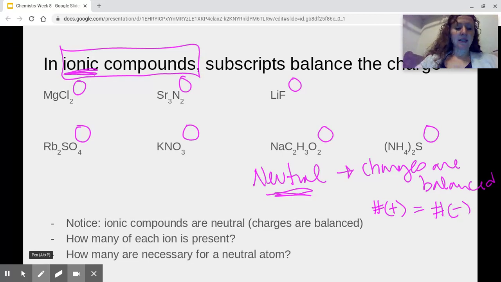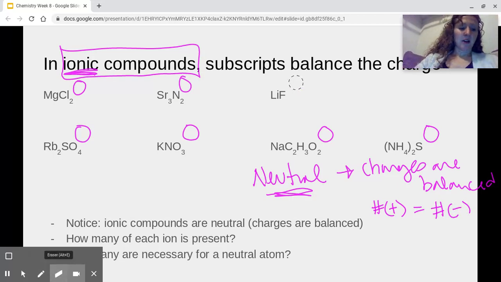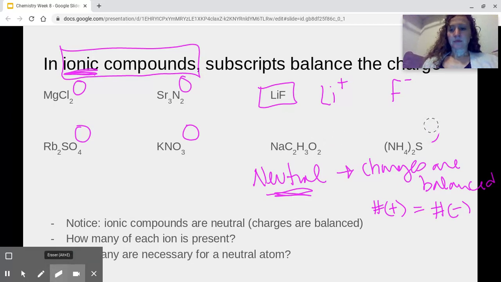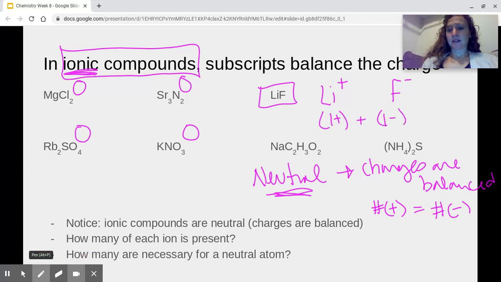Now we can see this in a very simple way for something like lithium fluoride. Remember, lithium forms an Li plus ion. Fluorine forms the F minus ion. If you have a 1 plus and a 1 minus, what's your overall charge?